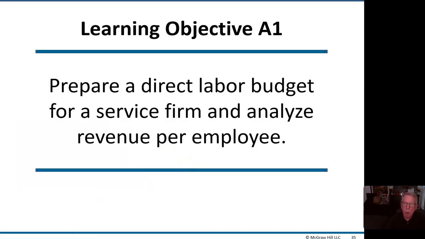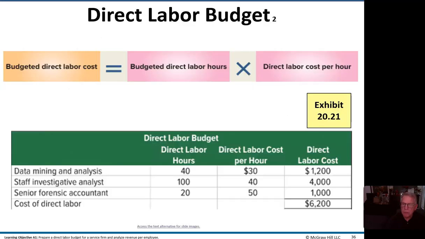How would we prepare a direct labor budget for a service firm and analyze the revenue per employee? Well, here, our budgeted direct labor cost is equal to the budgeted direct labor hours times the direct labor cost per hour. Pretty similar to manufacturing.